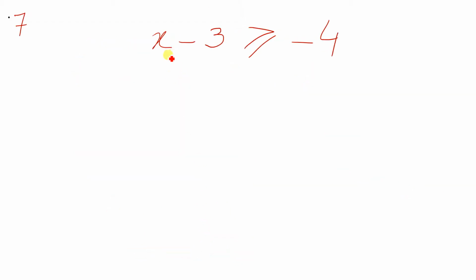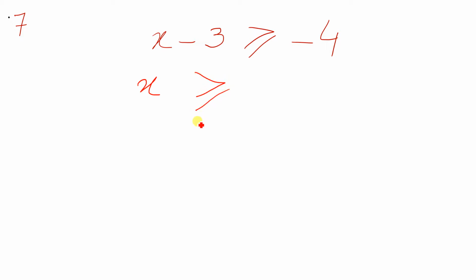One more question: x minus 3 is greater than or equal to negative 4. This represents greater than and equal to. We start with x and take the transpose of this constant.